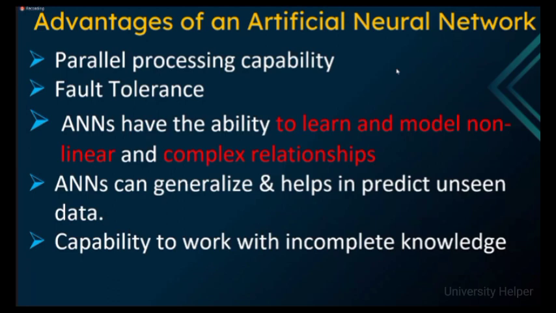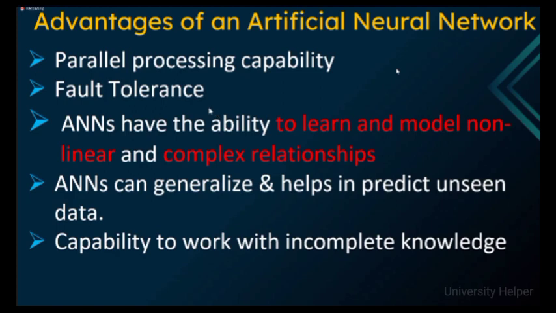What is meant by fault tolerance? Fault tolerance means the detection of an error. For example, think about a server system where there are two servers available. If one server stops working, the other server will take over the work carried out by the initial server and do the task.